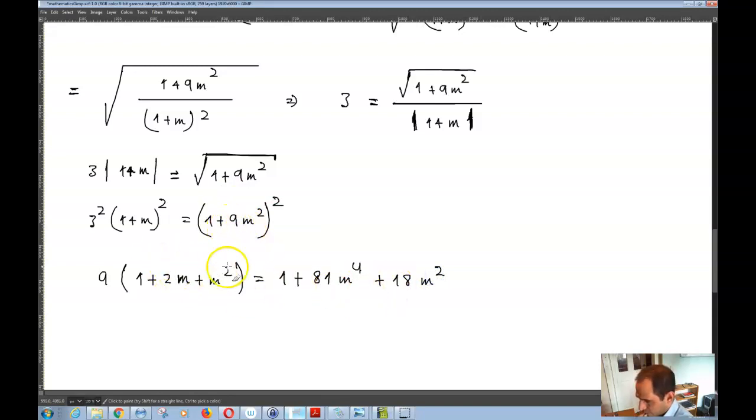Okay, I think we can get somewhere with this equation without any troubles.